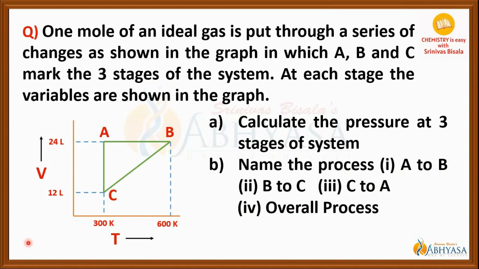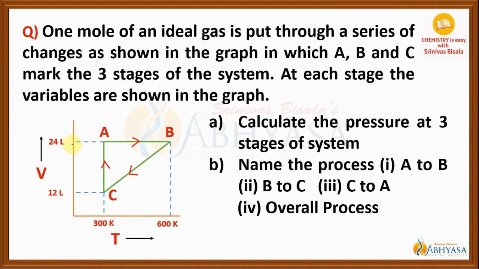Let's understand what is the given data here. A system is changing from A to B, then from B to C, then C to A. This is the volume axis and this is the temperature axis.